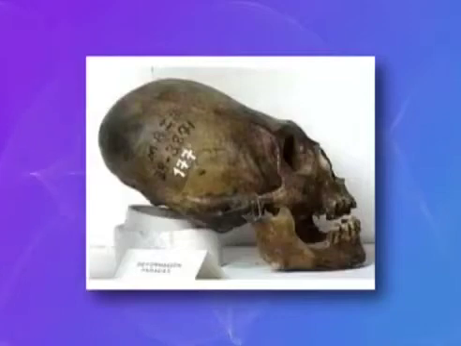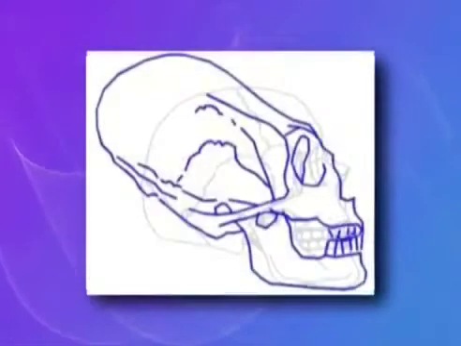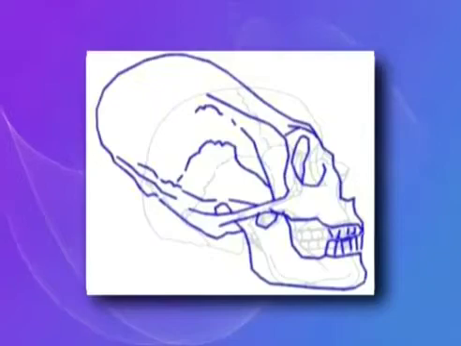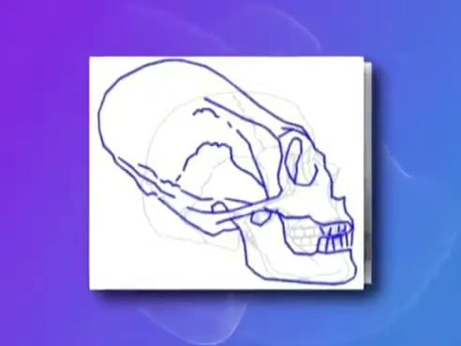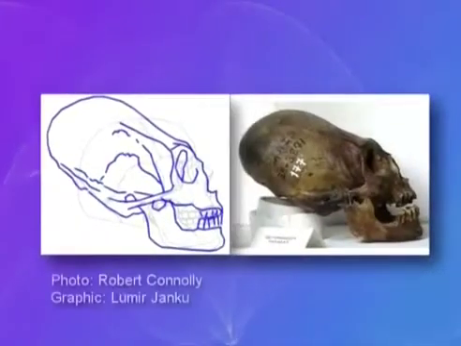In this case, the volume of the skull cavity is almost twice the size of a normal human being. Now, if there was only one of these that were found, you would say, well, maybe it was an anomaly, maybe it was a deformity. Well, there's all sorts of things that make it not so.